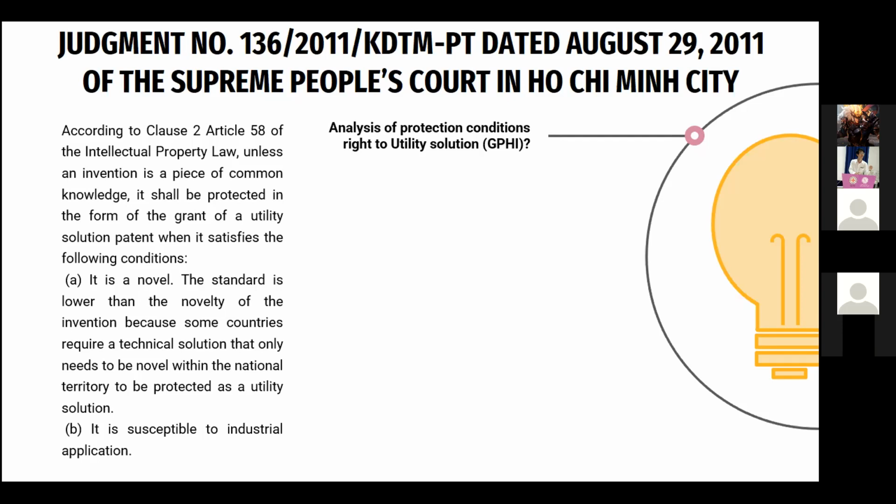The standard is lower than for an invention, because some countries require that the utility solution only needs to be novel within the national territory to be protected as a utility solution. B, it is accessible to industrial application. The requirement for the inventive level is lower than for the invention.